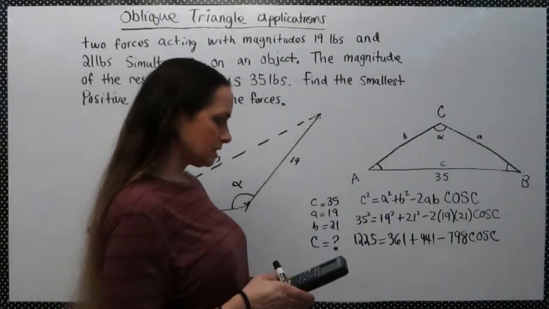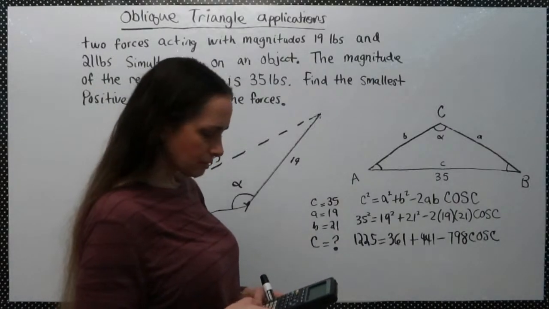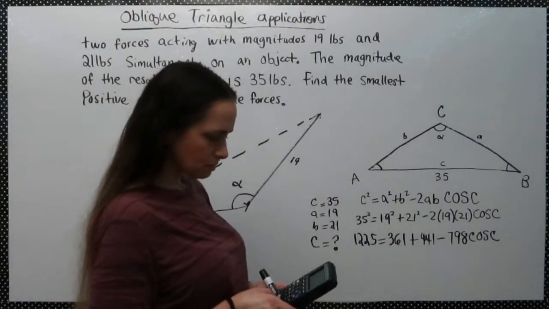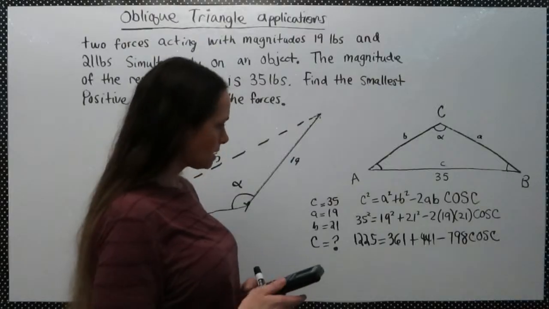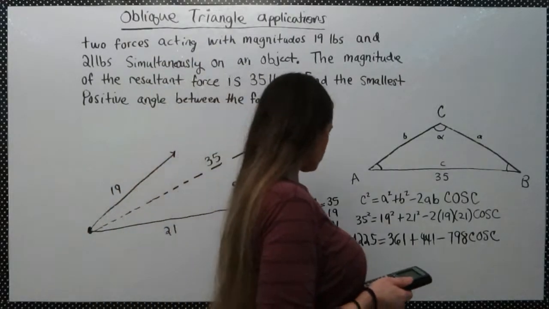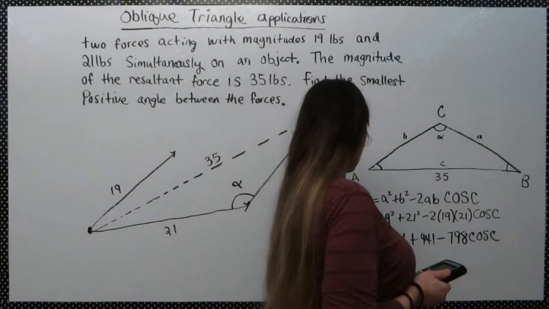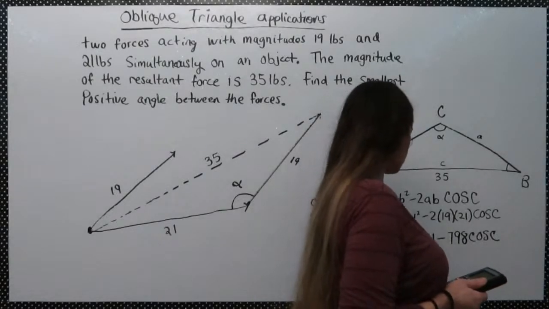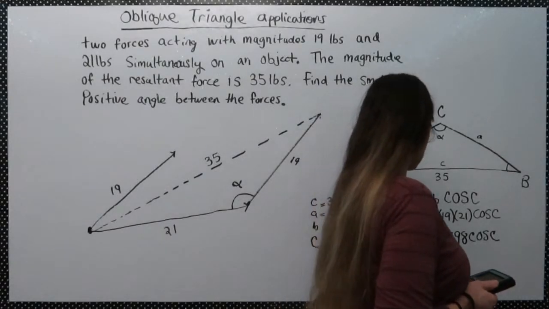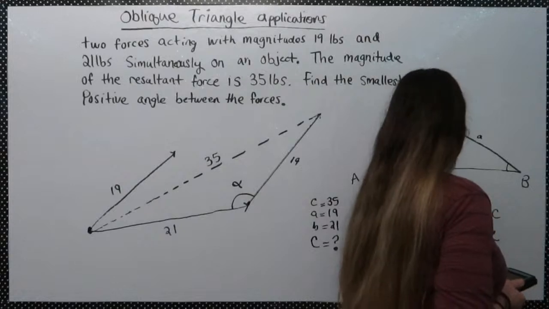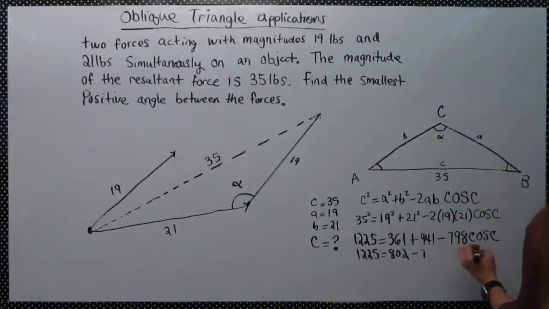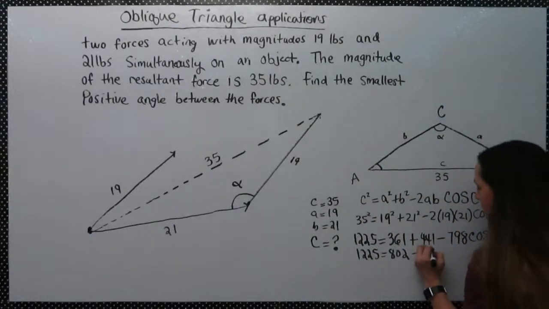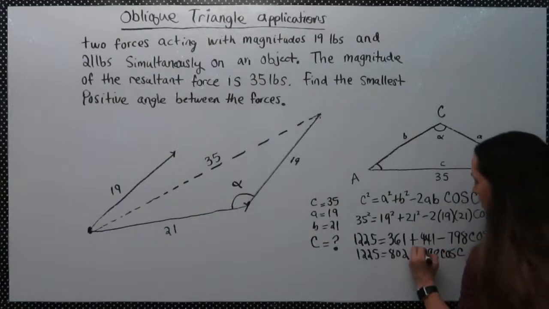So we've got 361 plus 441, and I'm getting 802. So 1225 equals 802 minus 798 cosine of c.